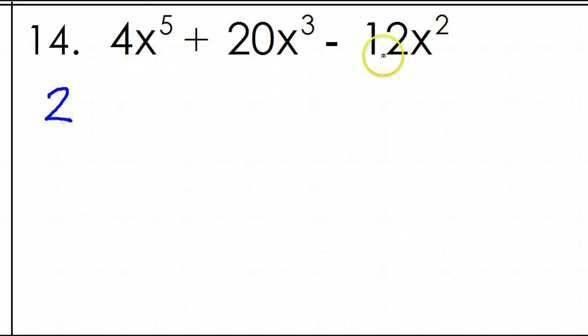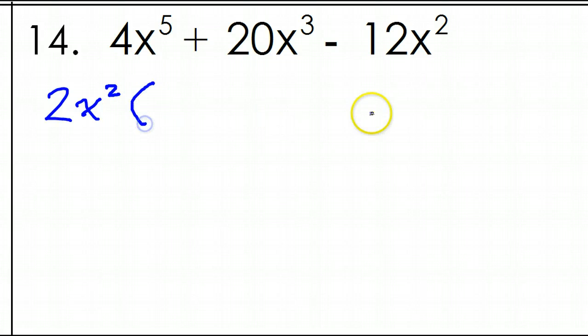Now, as far as the variables, you always go with the lower amount. 5, 3, 2, go with x squared. I always like to say to myself, all 3 terms have at least 2 x's, so I can take out x squared. So then make your parentheses and decide what's left over.